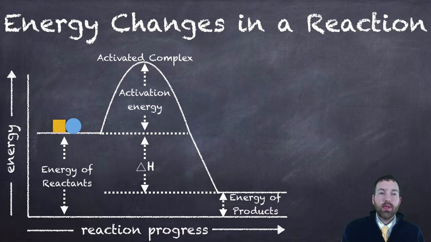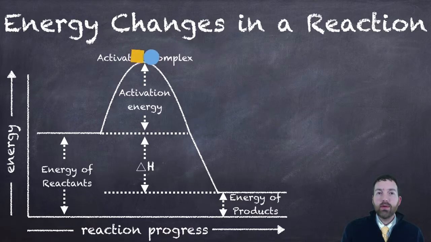So here's an example. I have a reactant here. This is a compound represented by two different elements here. I have the yellow square and the blue sphere. As they absorb energy, they reach that activation energy. Eventually, they'll go to the tippy top here, where they form that activated complex. Like I said, it's very unstable.